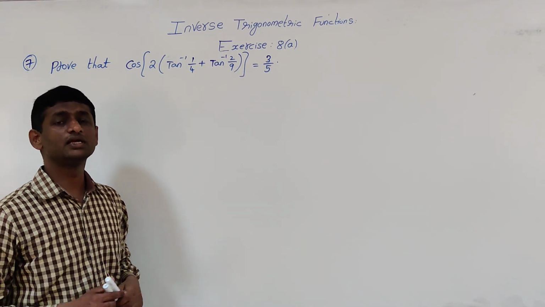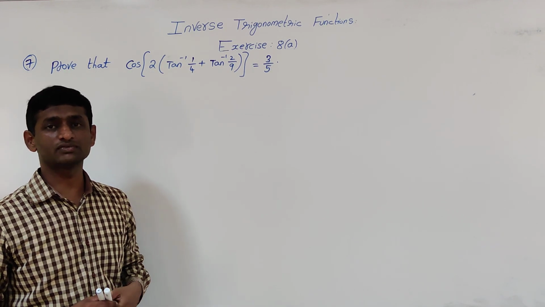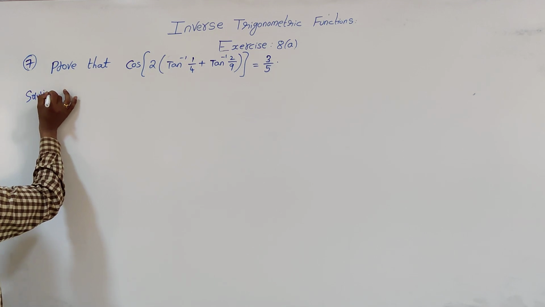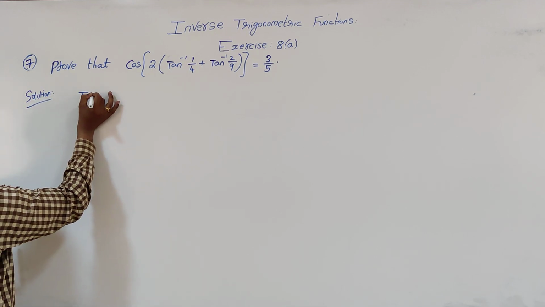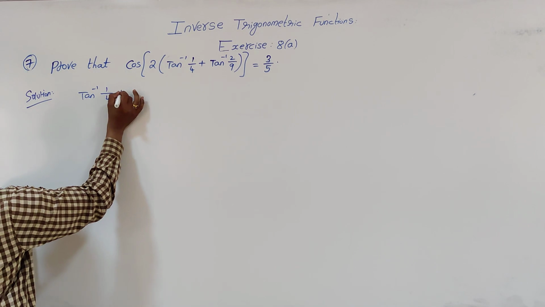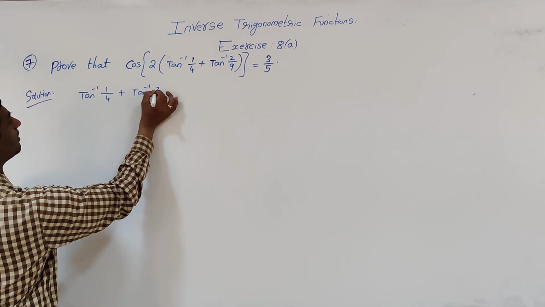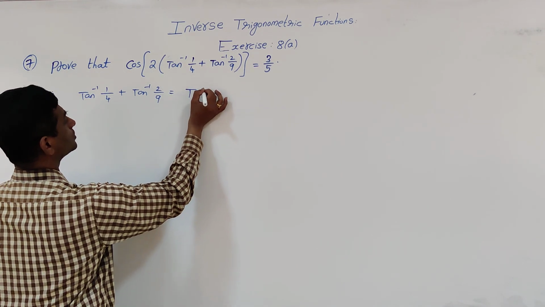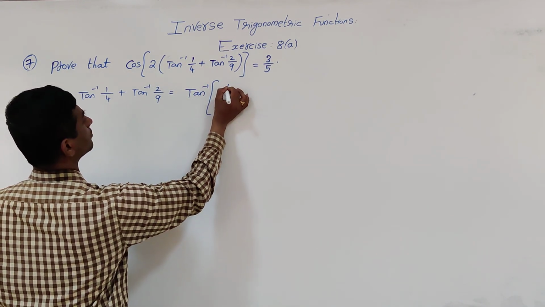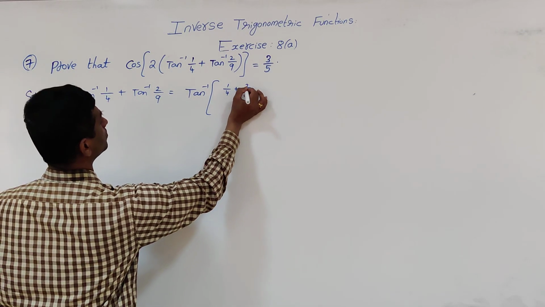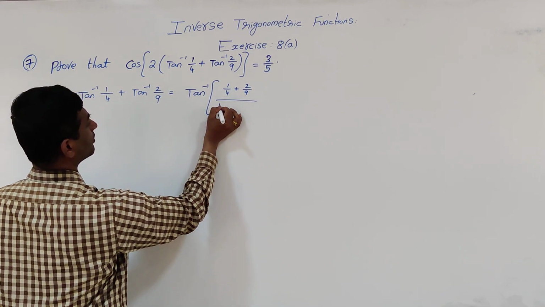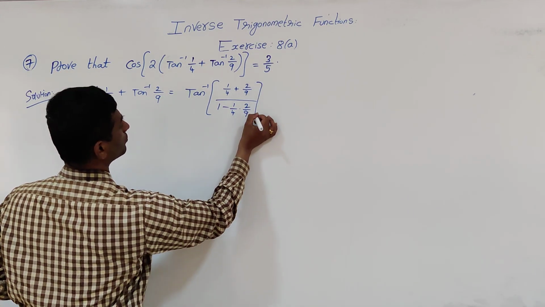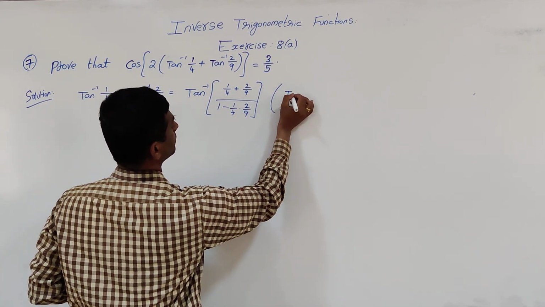Means we can apply tan inverse of (x+y)/(1−xy). So, solution: tan inverse of 1/4 plus tan inverse of 2/9 is equal to tan inverse of (x+y)/(1−xy), that is (1/4 + 2/9)/(1 − 1/4 × 2/9).